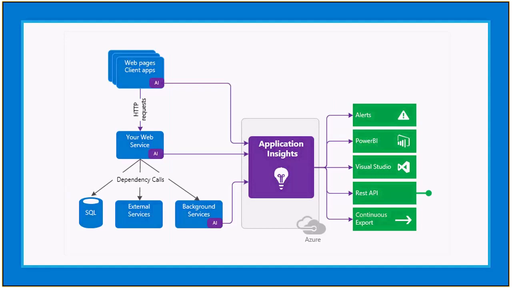This is the traditional view of what Application Insights looks like. This diagram actually comes off of the current Application Insights page, but it's already just a little bit out of date because it's suggesting that the way you get Application Insights data is by planting it yourself in your own application.